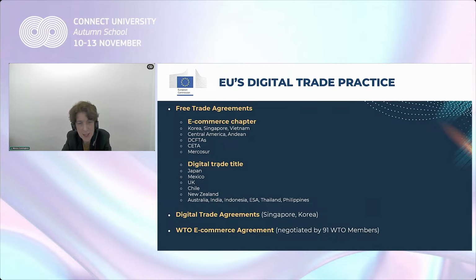And I think it's fair to say that our most modern digital trade chapter, the closest to what we are currently submitting in negotiations, is the UK Trade and Cooperation Agreement in 2020.